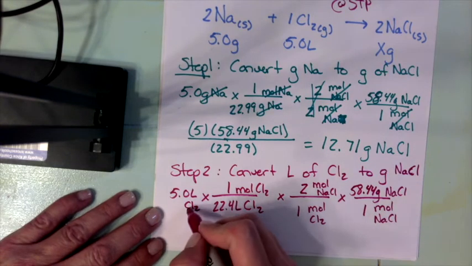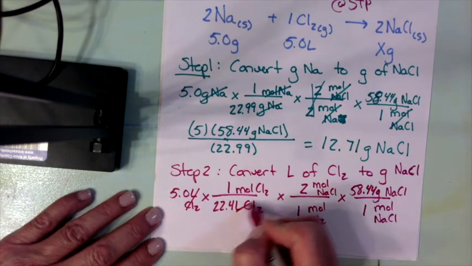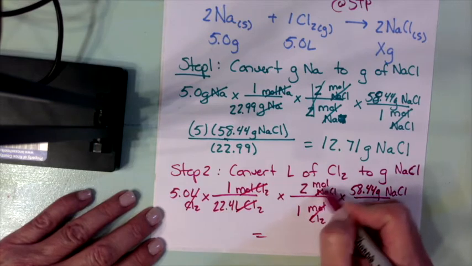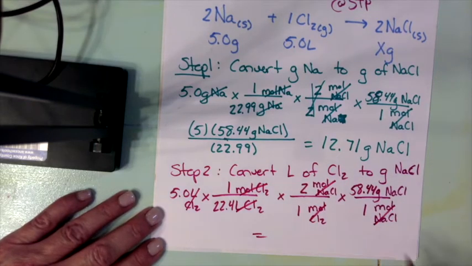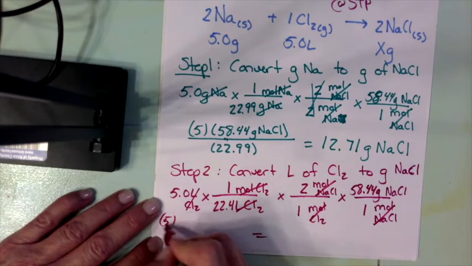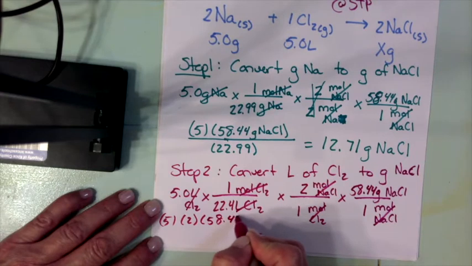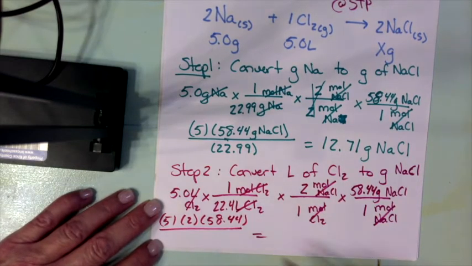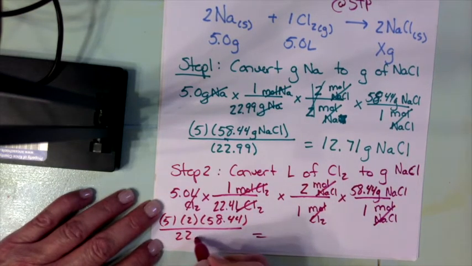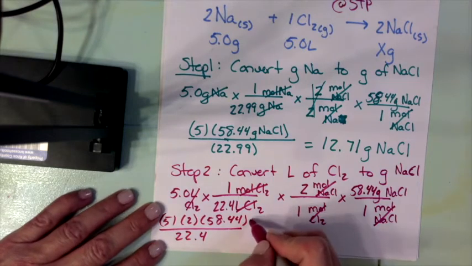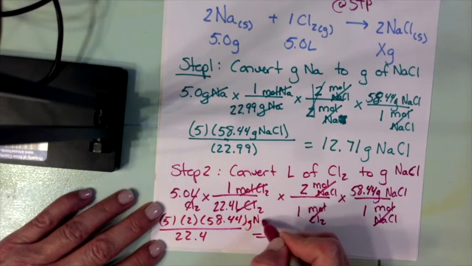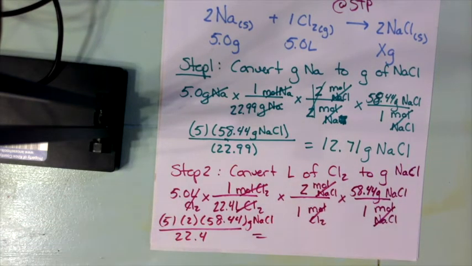Now, we can't divide this because this is not equal to 1. But we do know that our units of liters of chlorine have canceled, moles of chlorine have canceled, moles of NaCl have canceled, leaving us in grams of NaCl. So we're left with 5 times 2 times 58.44, divided by just 22.4. Our unit up above is grams of NaCl, because that still remains.